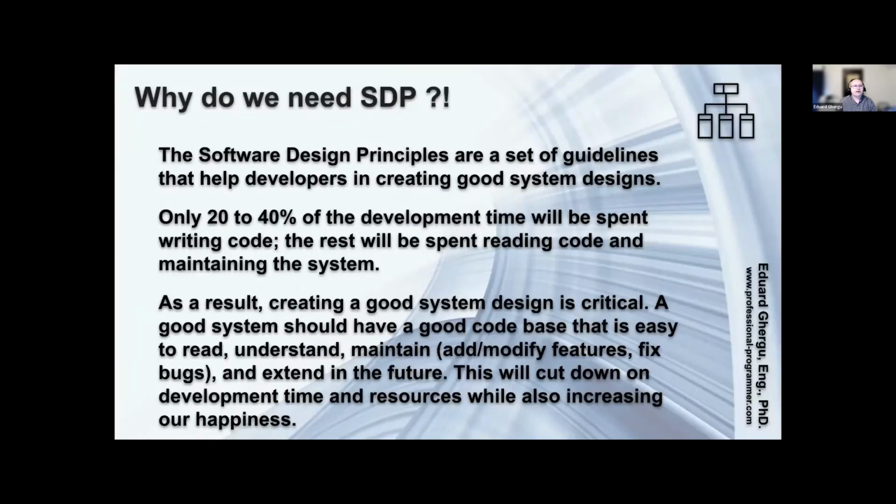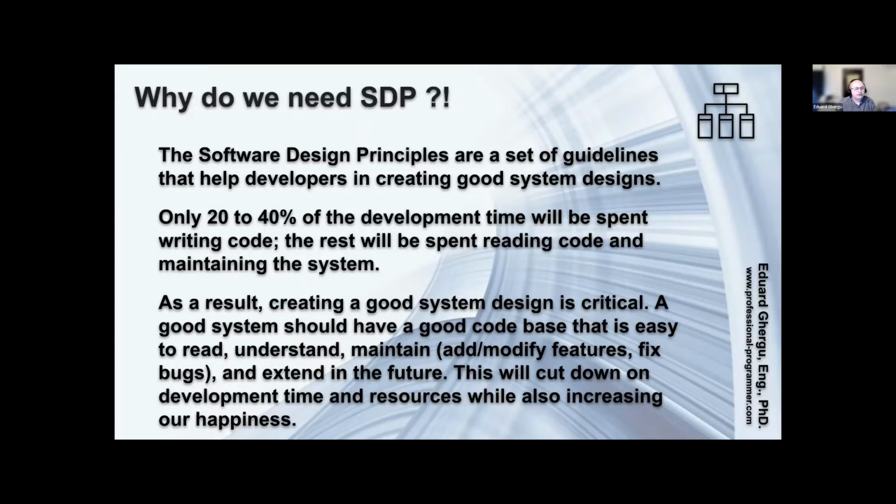So let's get started. Why do we need software development principles, or design principles? In the end, it's just a set of guidelines to help developers create good software designs. As all of us know, we spend a lot of time not actually writing code, but reading code.